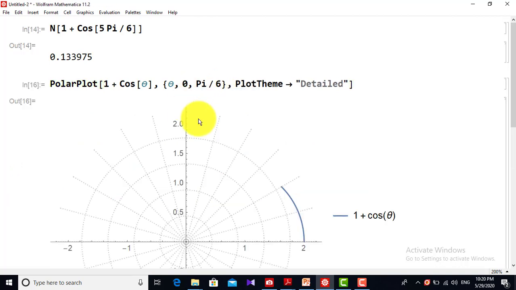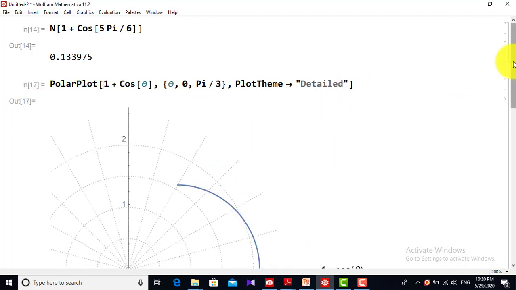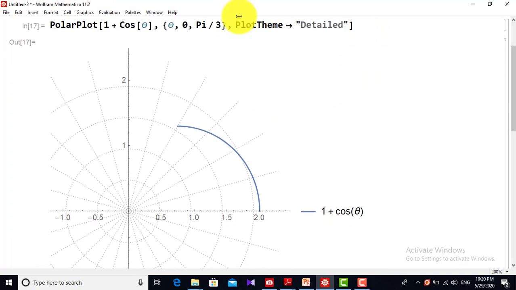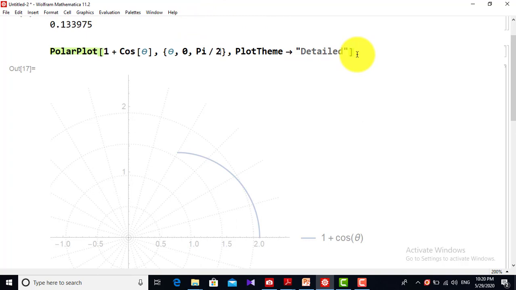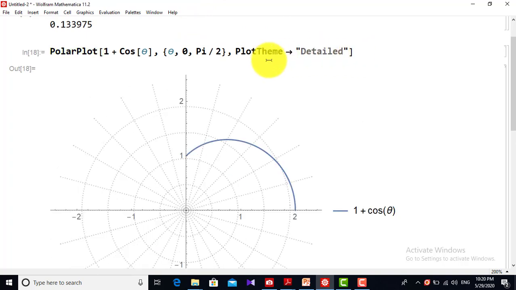After giving pi by 6, I will be getting this kind of graph. If I give pi by 3, I will be getting a little bigger graph. If I give pi by 2 or 90 degree, I will be getting this kind of graph.